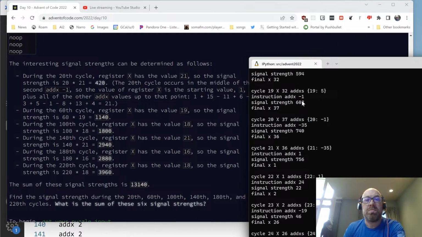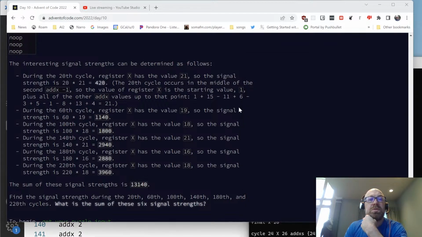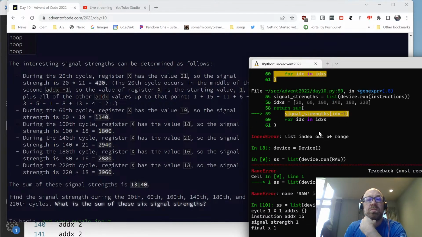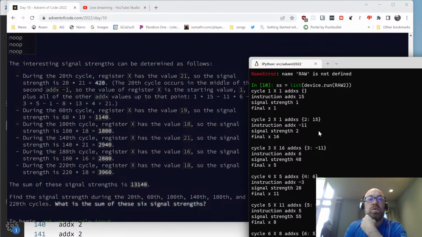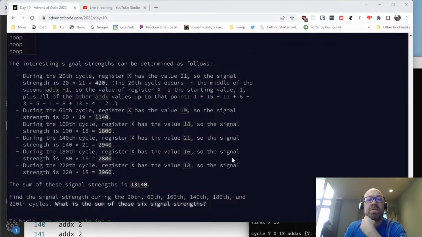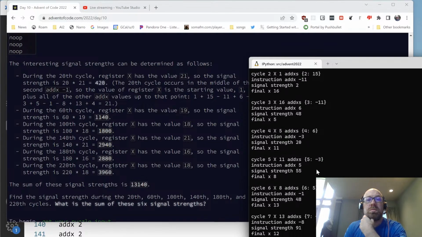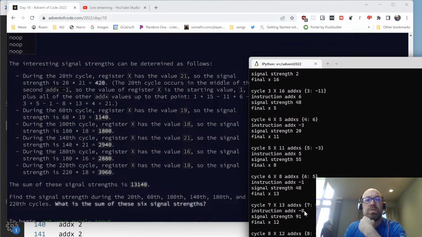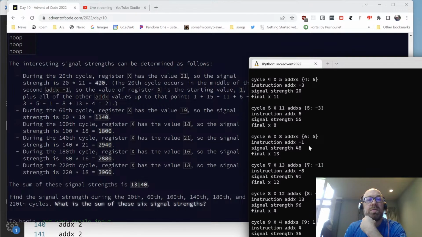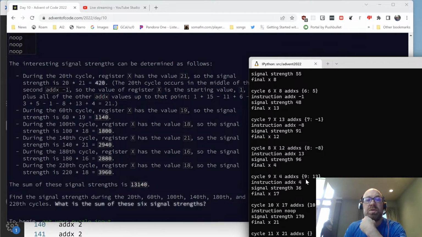The 20th cycle occurs in the middle of the second. Add X 1, so the value of the register is the starting value 1 plus all the other add X values up to the point: 1, 15, minus 11, plus 6, minus 3, plus 5, minus 1, minus 8, plus 13, plus 4, which equals 21.